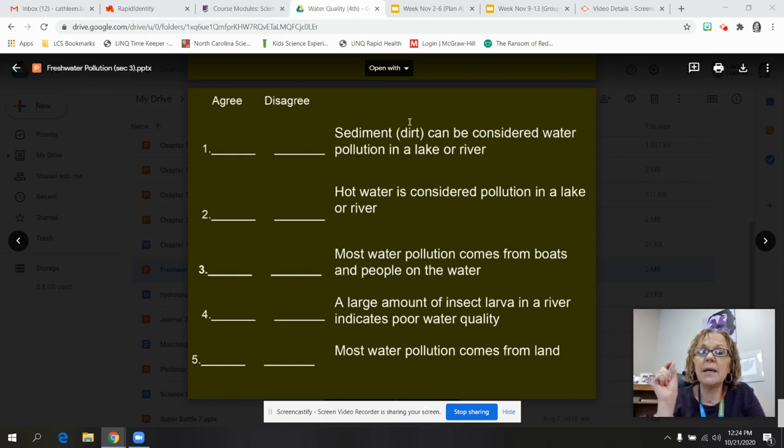No, because insect larvae means that the insects are ready to hatch, they are thriving, and that means good bioindicator, good quality of water, not poor, good. And 5, most water pollution comes from land. That is true.